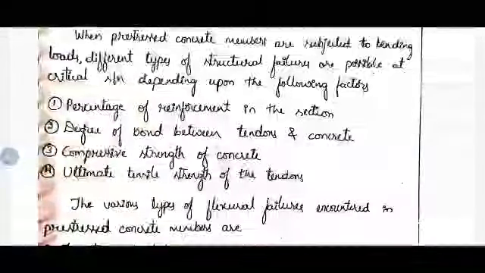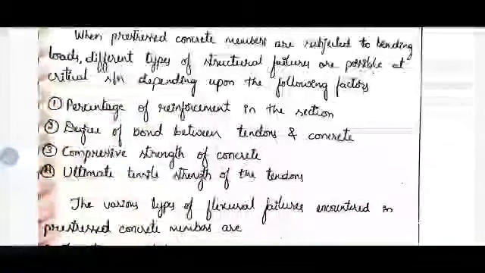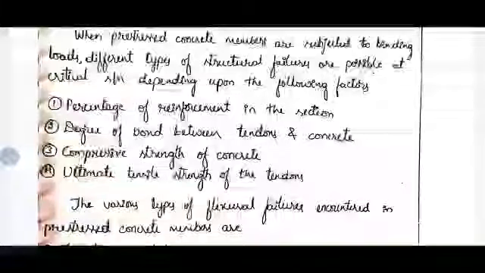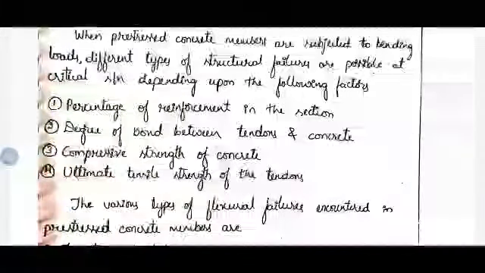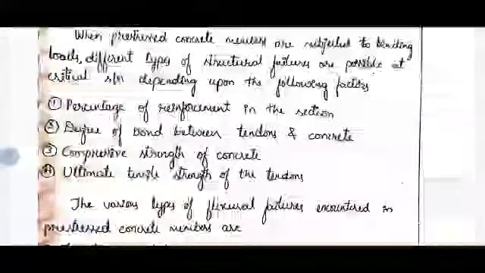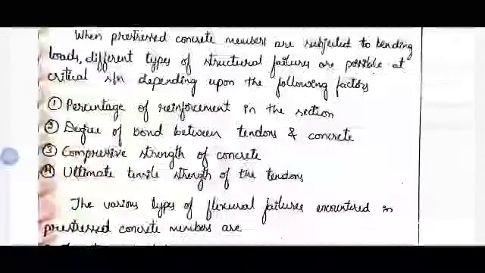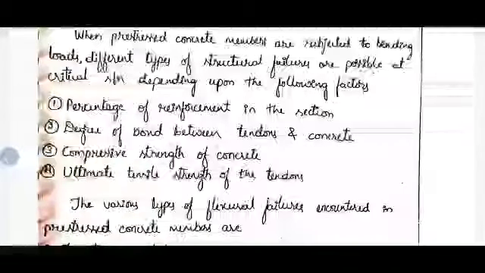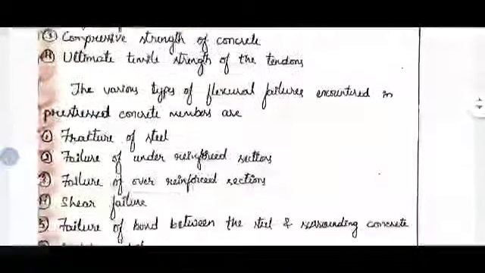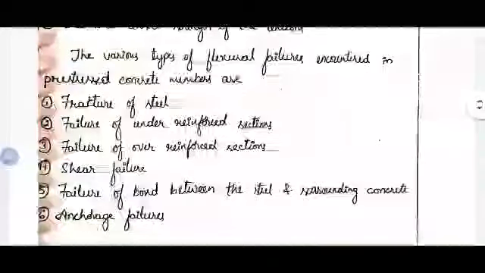So based on these factors, we are going to specify a few modes of failure, that is, in what modes the flexural member may fail. In that we have 6 different modes of failure.